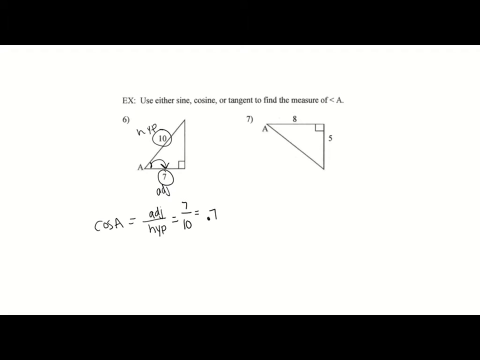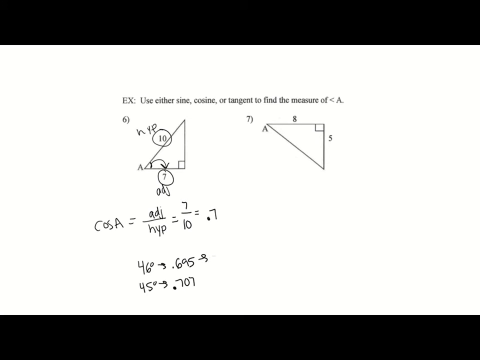So if I look in my table, if I know that the cosine is 0.7, I'm going to look and see what degree is closest to 0.7. So I see that 46 degrees, my cosine value is 0.695, and let's see, 45 degrees, my cosine value is 0.707.